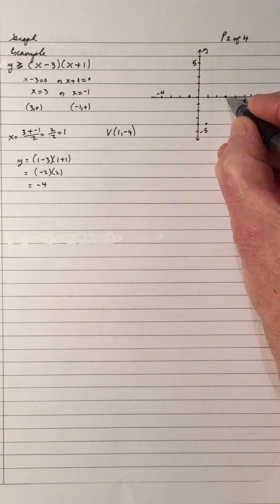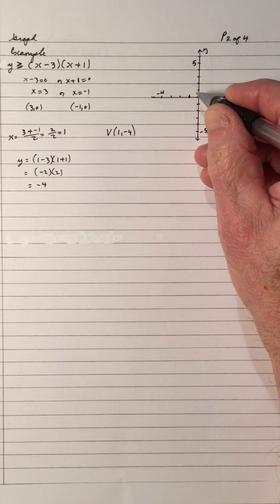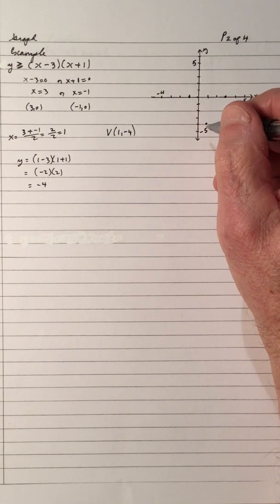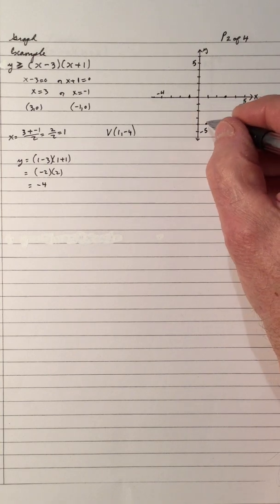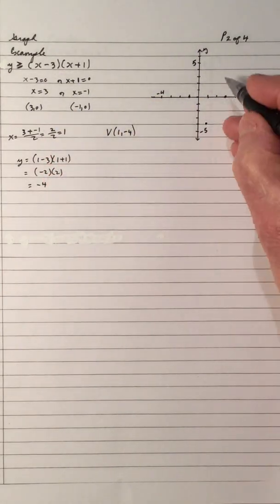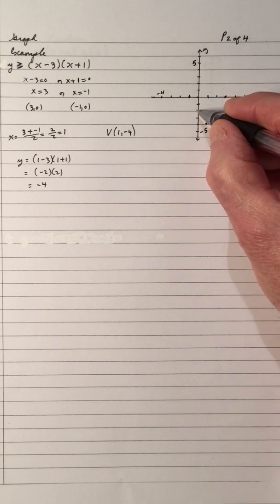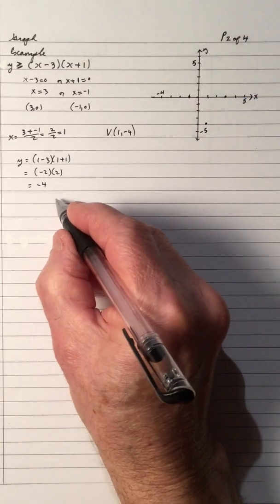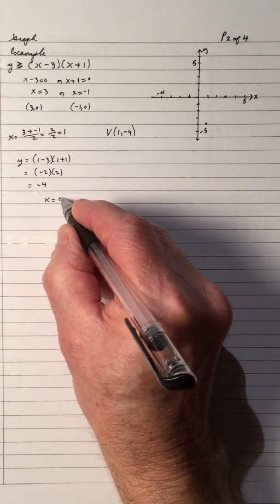This is the vertex. The x-intercepts are 3 and negative 1. We have all this information. We don't need any more information to graph it. Because we have the x-intercepts and the vertex, we can draw our parabola. We don't need the y-intercept. But if you want to get the y-intercept, just to verify, the y-intercept is when you let x equal 0.